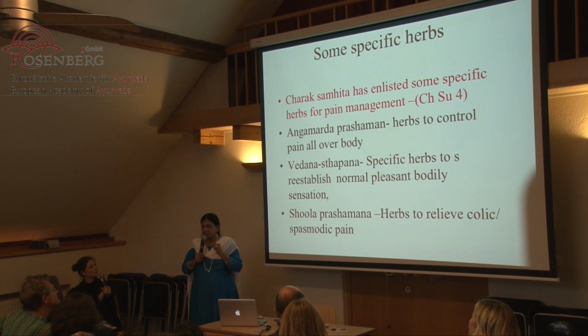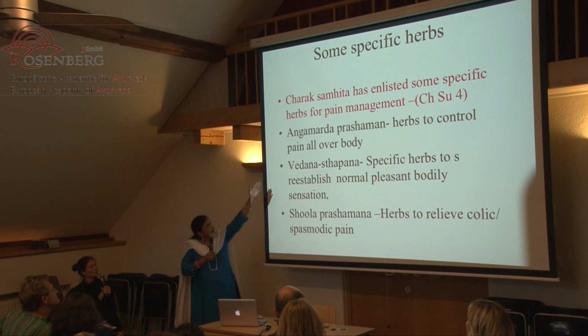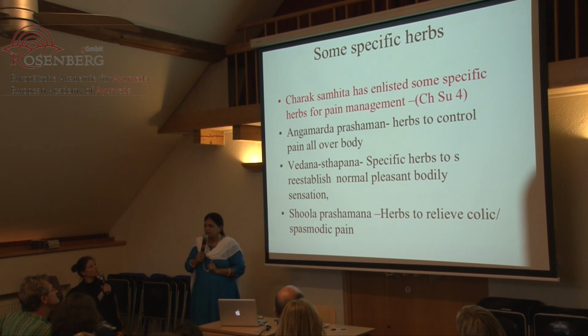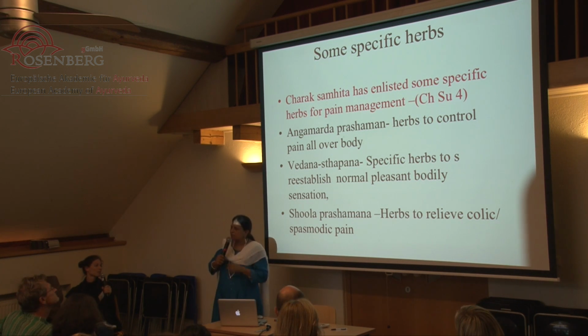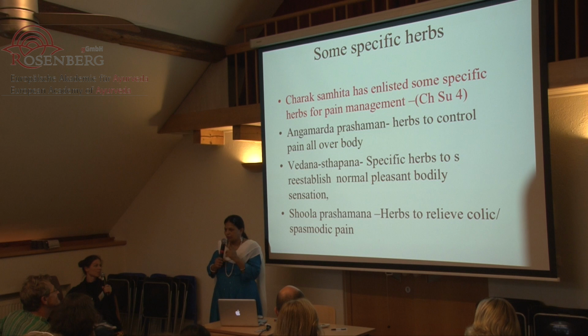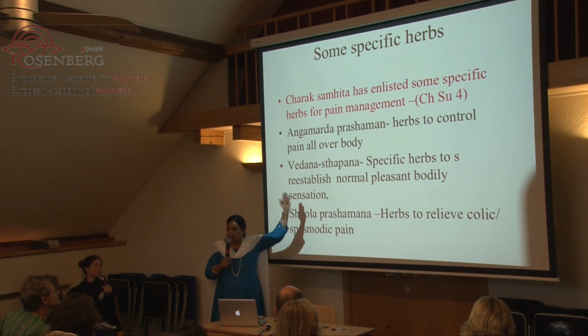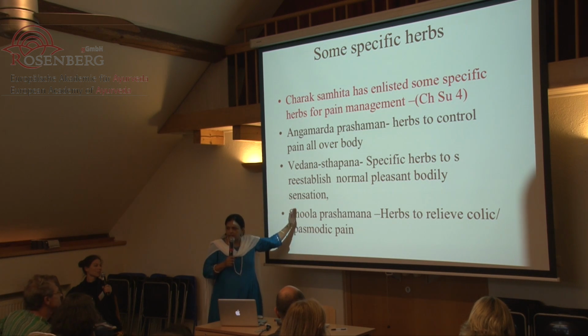In conditions with more ama, these Angamarda Prashamana herbs are used. So one has to decide. It is not that one guggulu or one ginger is used for all conditions. If you really want to hit the target, you have to find out which dhatu is vitiated and which herb to use from these 3 categories.